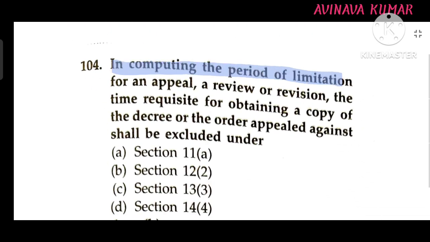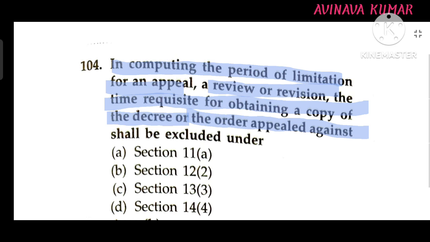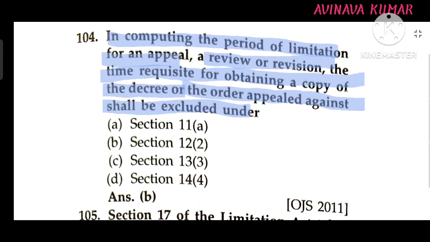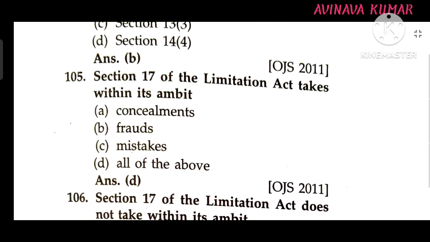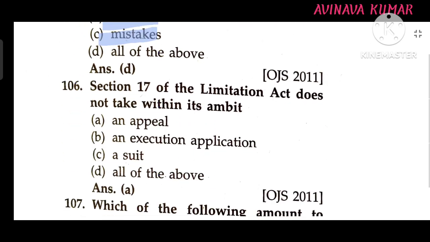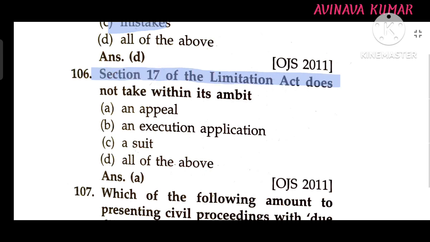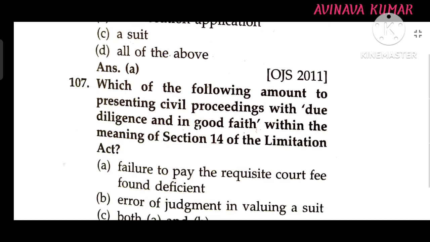In computing the period of limitation for an appeal, a review or revision, the time requisite for obtaining a copy of the decree or order appealed against shall be excluded under Section 12, sub-clause 2. Section 17 of the Limitation Act takes within its ambit concealment, fraud, mistake. Section 17 of the Limitation Act does not take within its ambit an appeal.